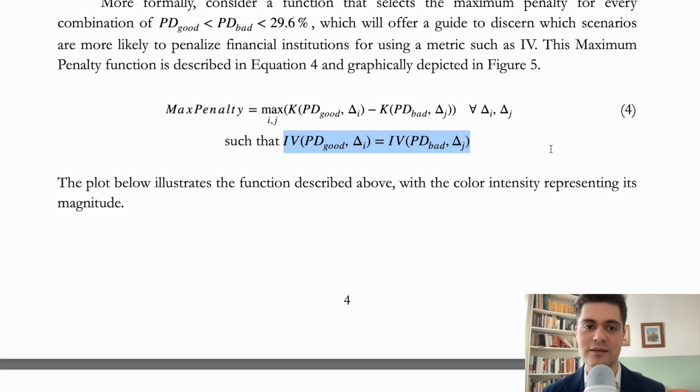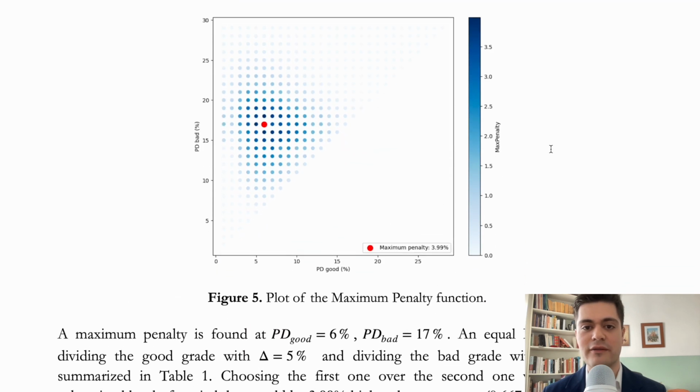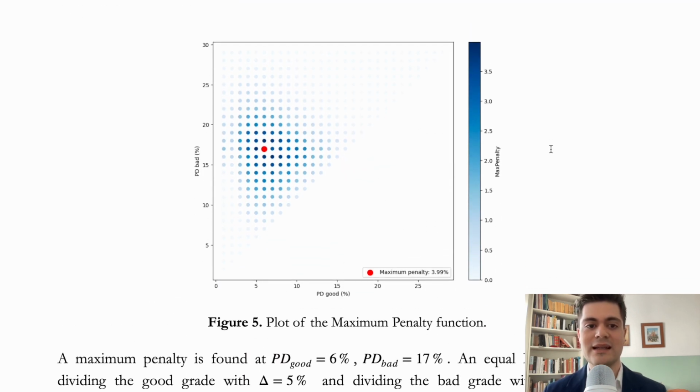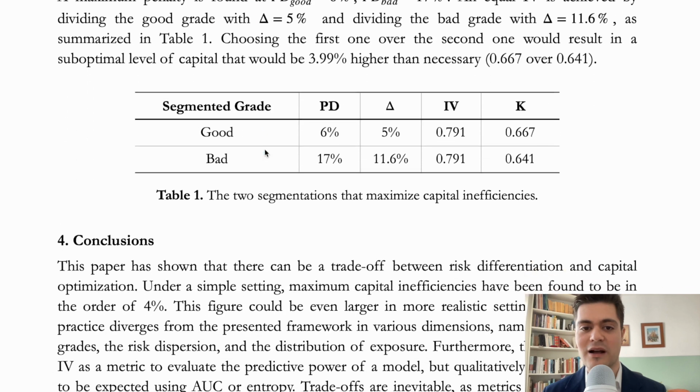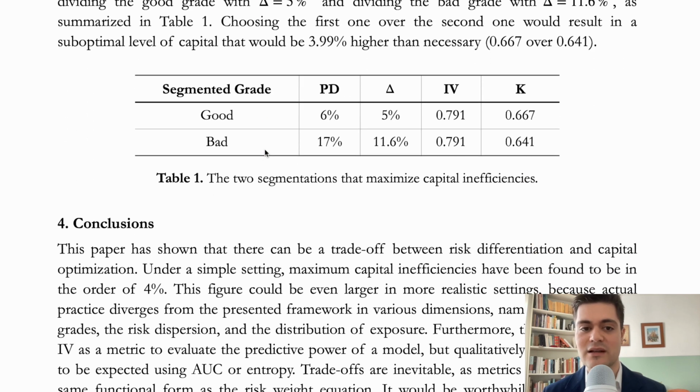This is a key point. The values of the function can be seen in this graph. We get the highest values around this area and the maximum right here, marked by the red dot. The details of the maximum are summarized in this table. So the good PD is 6% and the bad PD is 17%. And the first delta is 5% and the second 11.6%.